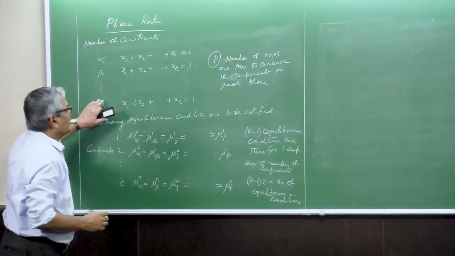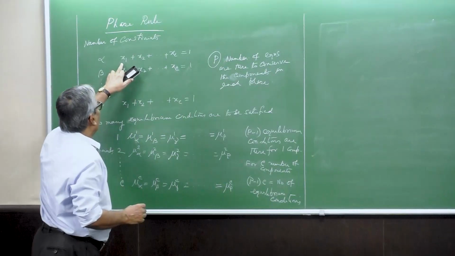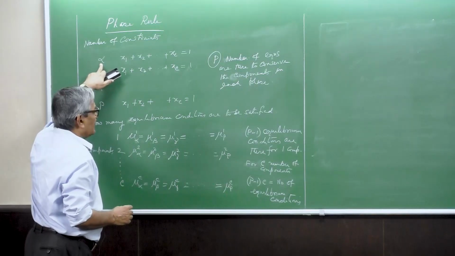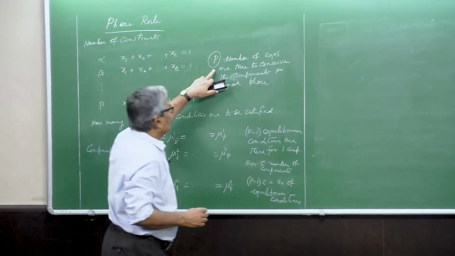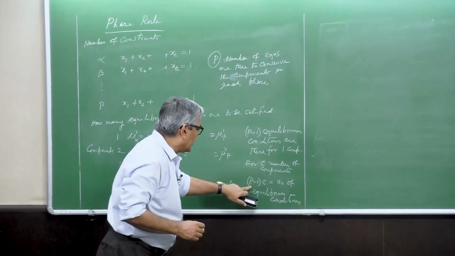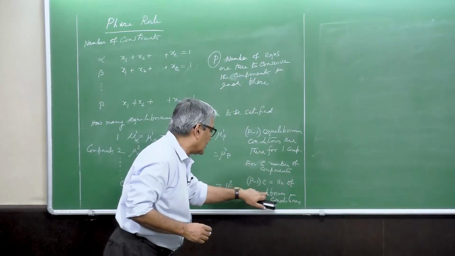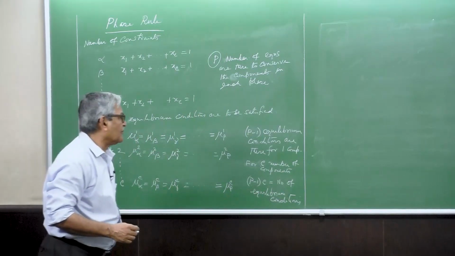So the number of constraints is P number of equations that conserve the species for each phase. So you have P number of equations, and here you have C into P minus 1 number of equilibrium conditions.